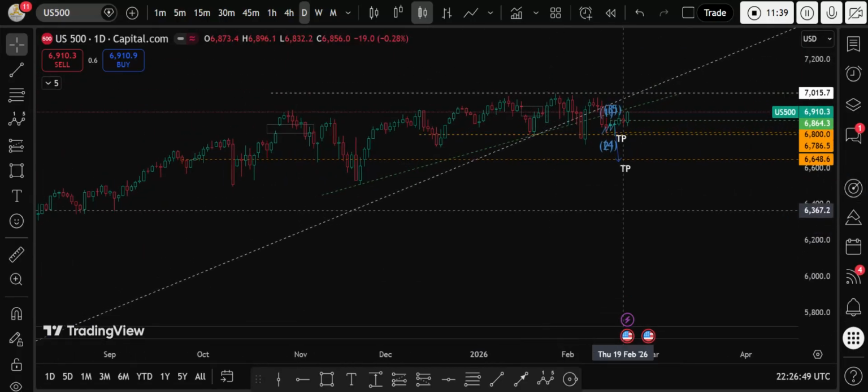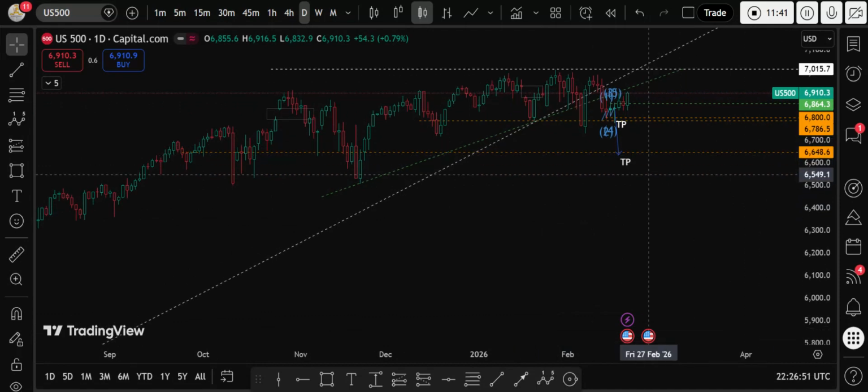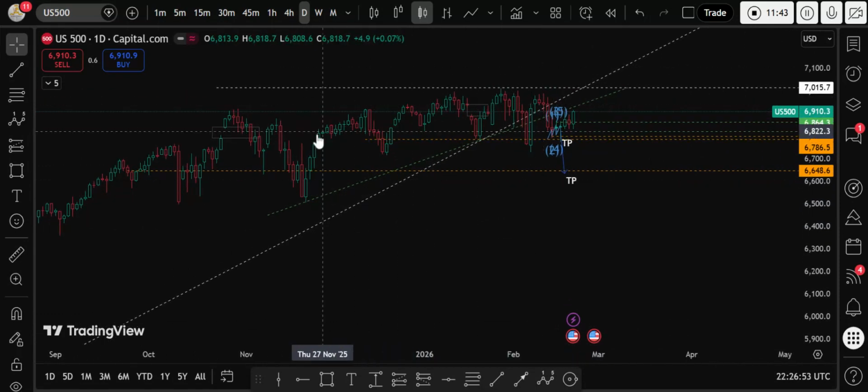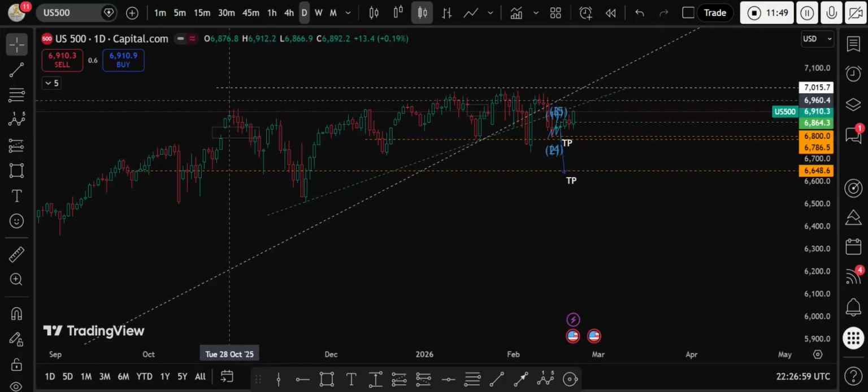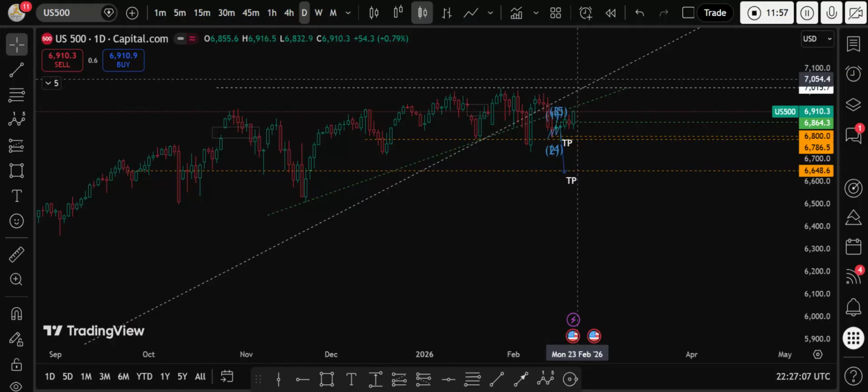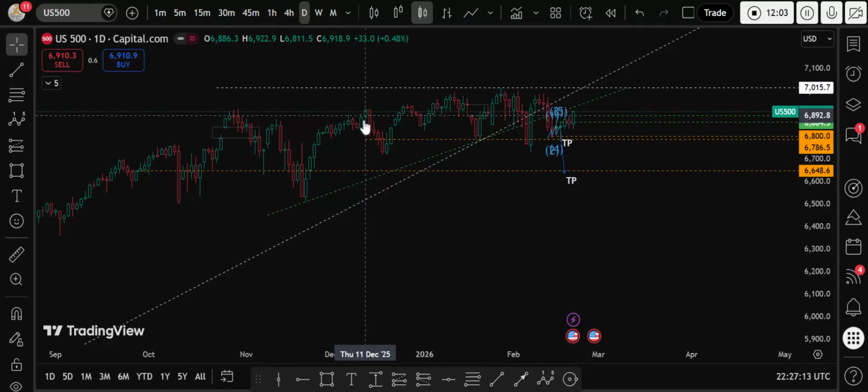As you can see, the S&P has consolidated from almost 28th of October 2025 up to almost 20th February, which was last week Friday, 2026.